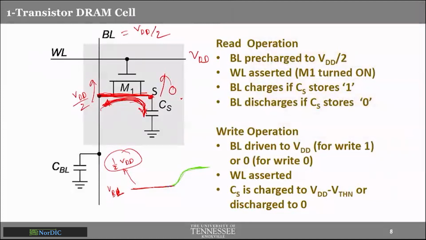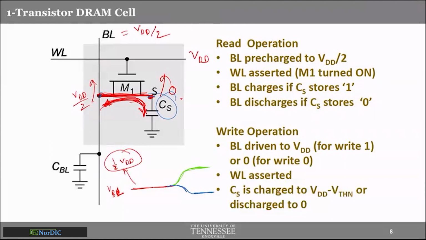The bit line started from half VDD, but this will further discharge, and whenever the two nodes have same voltage, then the discharge will stop. Are you guys with me so far on this? So we can create a difference in the bit line voltage during the read operation, and the voltage will depend on what is being stored at the capacitor, right?